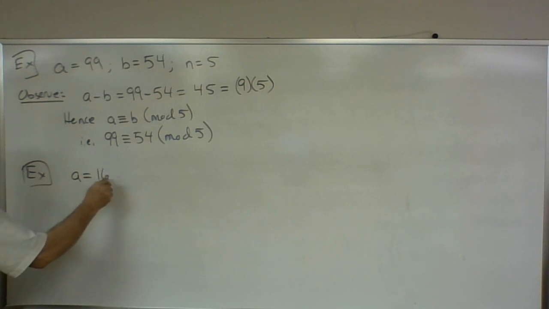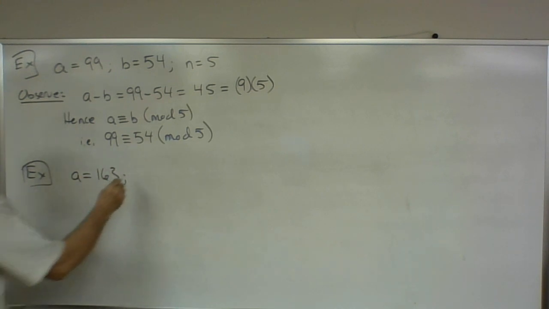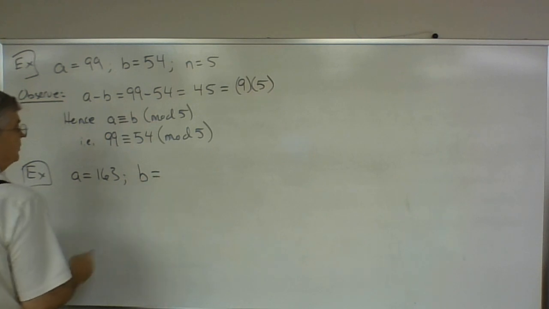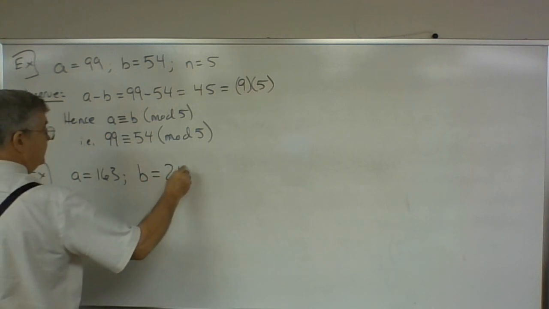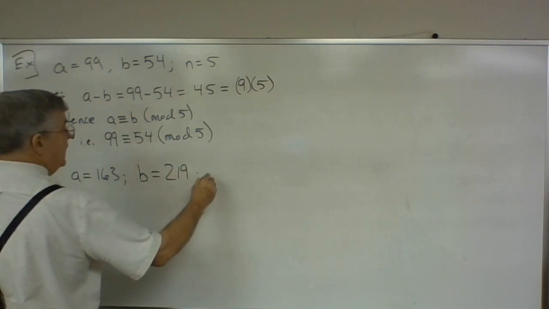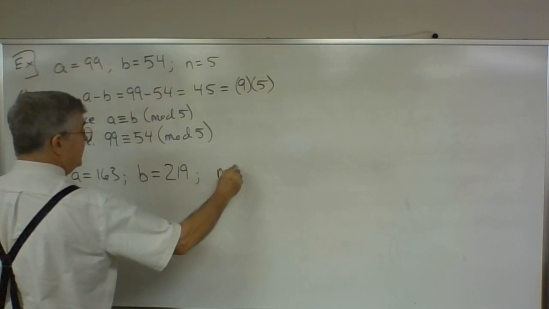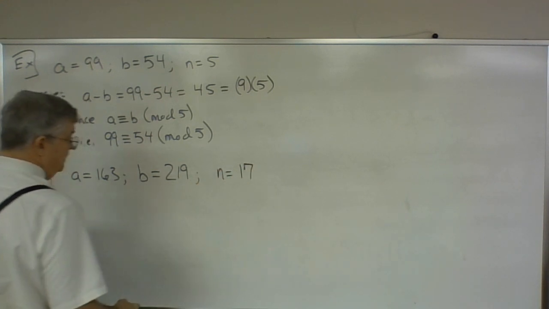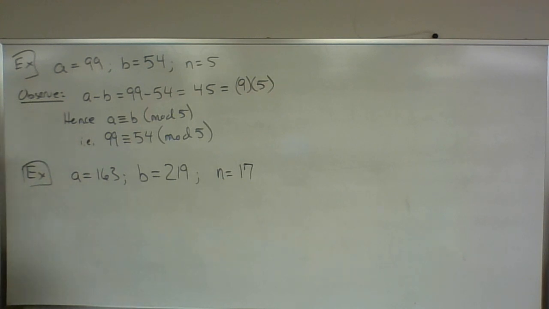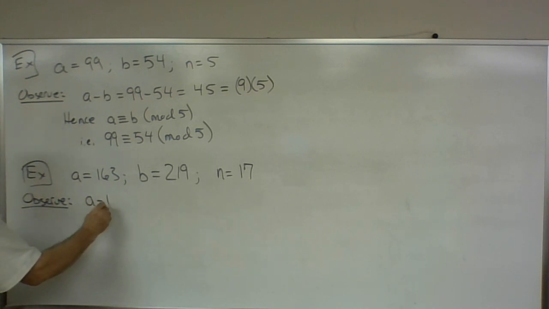A equals 163. B equals 219. And N equals 17. Okay. A minus B. Holy moly, what's that going to be? 37 plus 19 is 56.